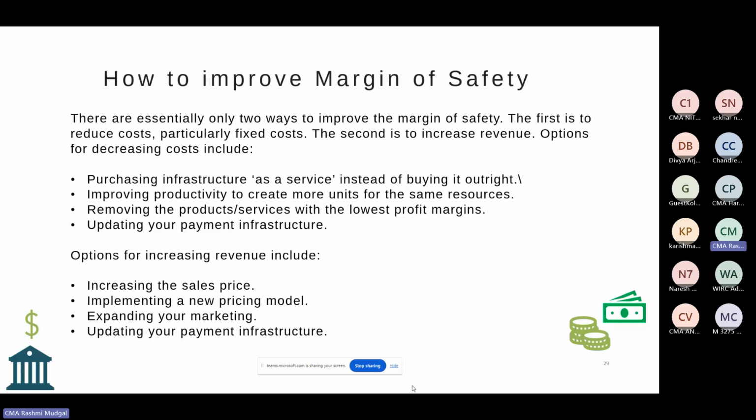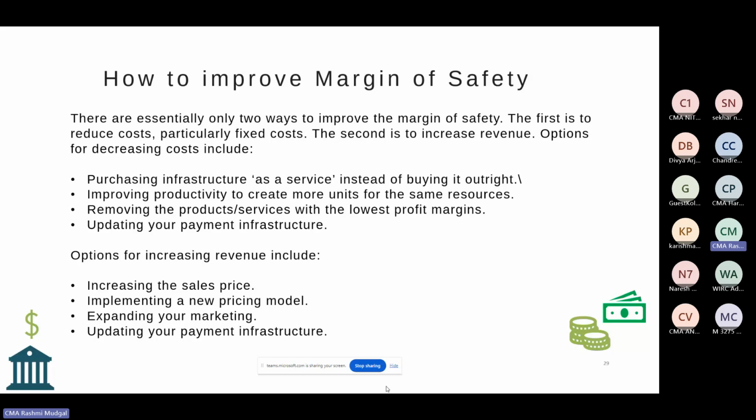And decreasing the cost includes purchasing infrastructure as a service instead of buying it outright, improving productivity to create more units from the same resources, removing the products and services with the lowest profit margin, and updating the payment infrastructure.